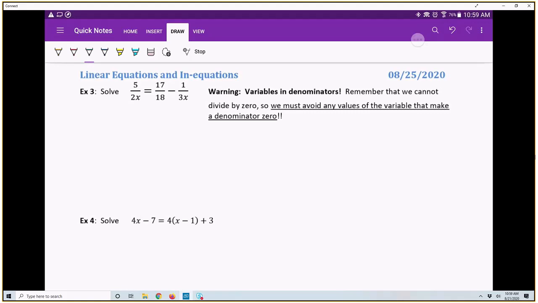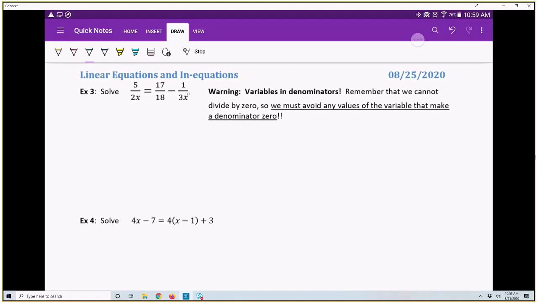Okay, let's look at some more examples. And you'll see there's a warning here about variables in denominators. So remember that we cannot divide by 0. So we must avoid any values of the variable that make the denominator 0. If we look at example 3 here, we have 2 times x on the bottom.